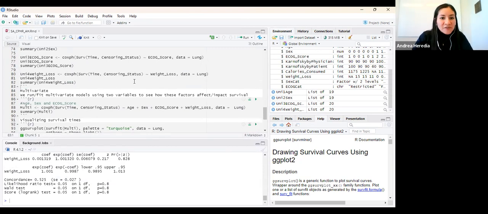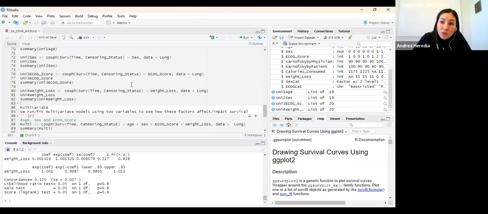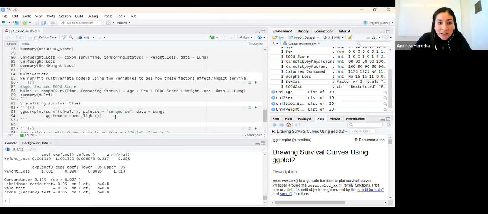Okay, so up until now, we've been running univariate models for each one of these variables. Now, the whole point of a multivariate analysis is to see how all of these factors are going to interact together.